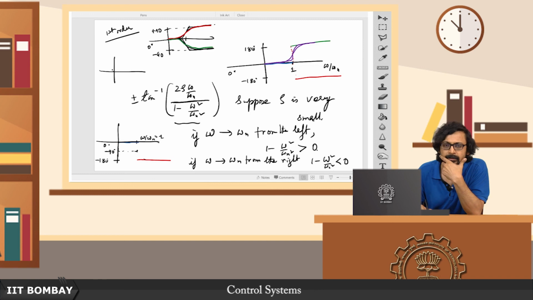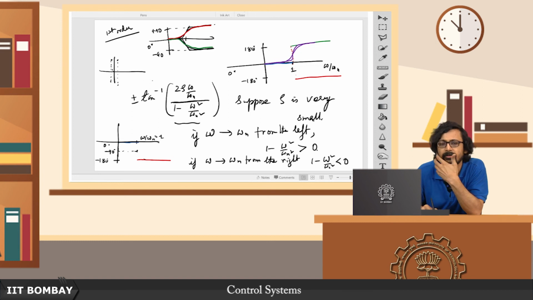On the other hand, if this imaginary part is very large, and the real part is very small, which is what happens in the neighborhood of omega closing in on omega n, then what happens? You see that if the imaginary part is, for example, very large, somewhere here, and the real part is very small, or somewhere here.